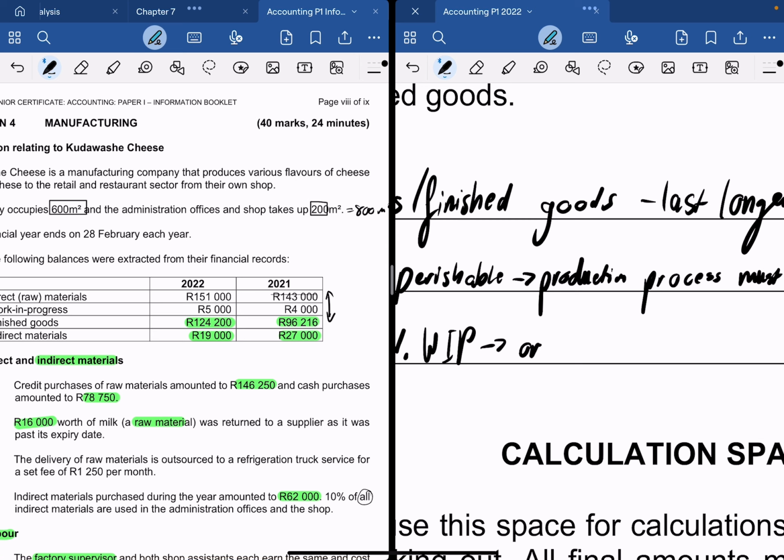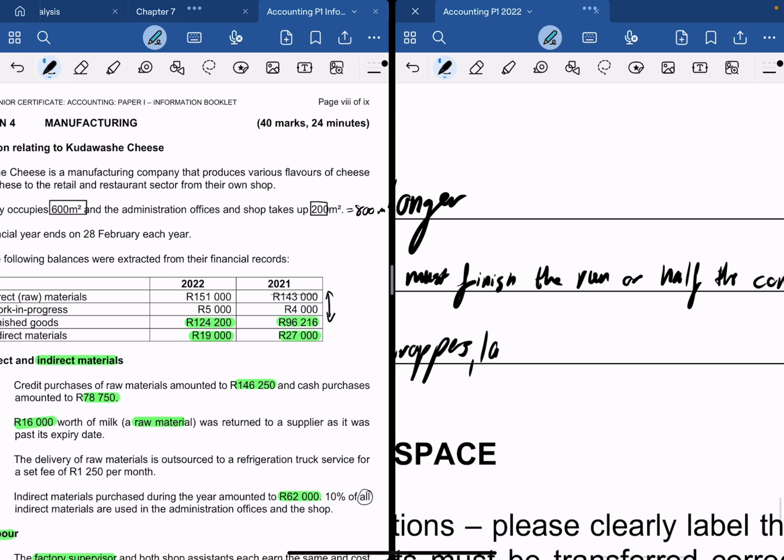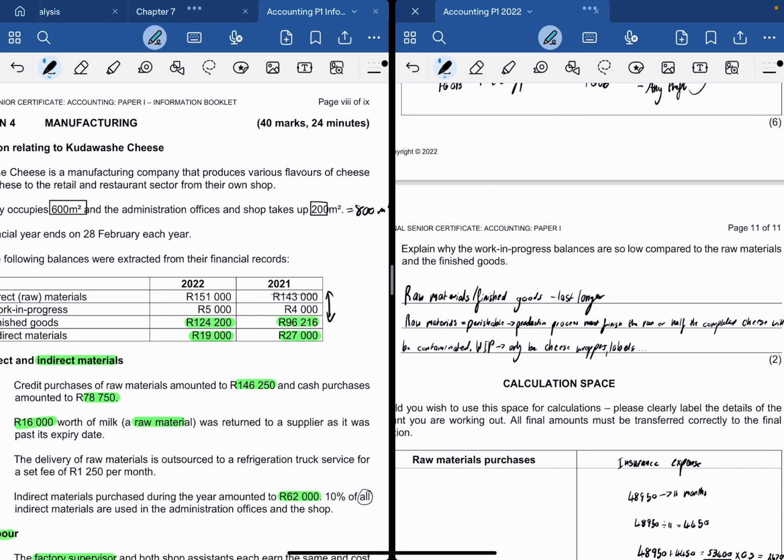would only be your wrappers, like the things you wrap cheese, only be cheese wrappers or labels, stuff like that, which obviously you're not going to have a lot of. And the value of those things, like if you have a block of cheese, the value of the block of cheese compared to the label is quite a large difference.